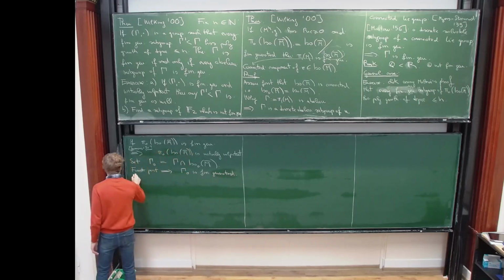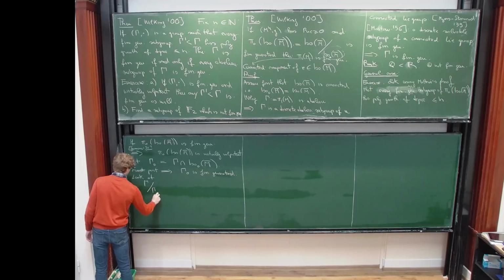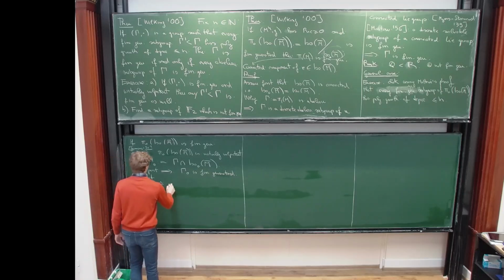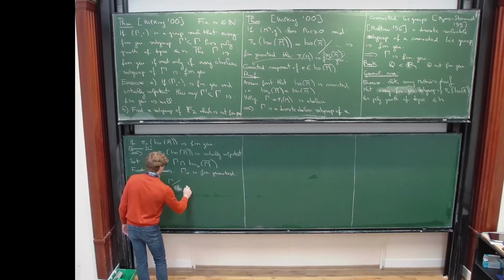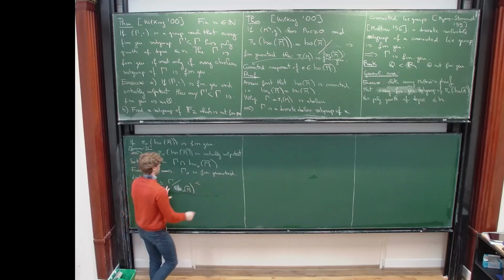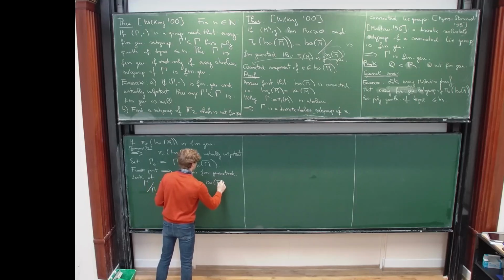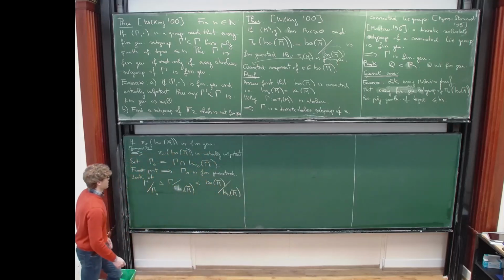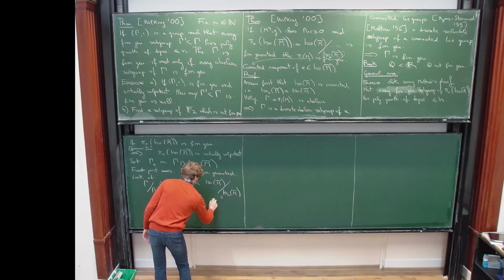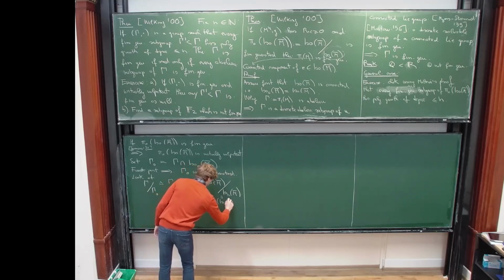Now we look at gamma modulo gamma 0. This is isomorphic to gamma modulo π0 of M modulo Iso0 of M̄, and this I can view as a subgroup of Iso(M̄) modulo Iso0(M̄), which is π0 of Iso(M̄).